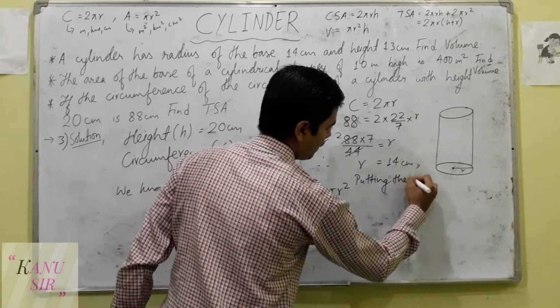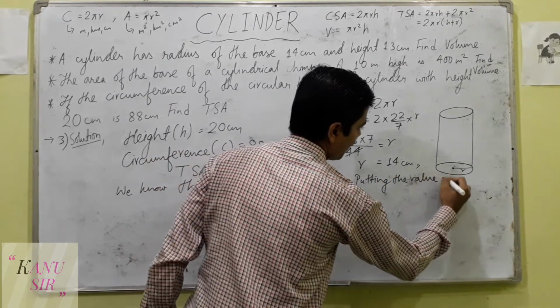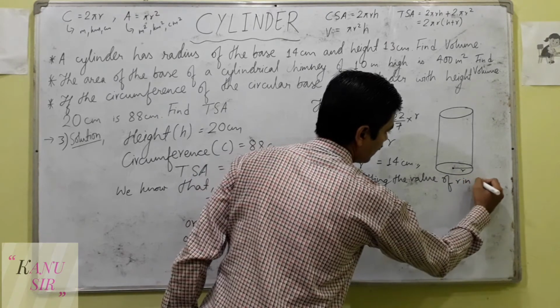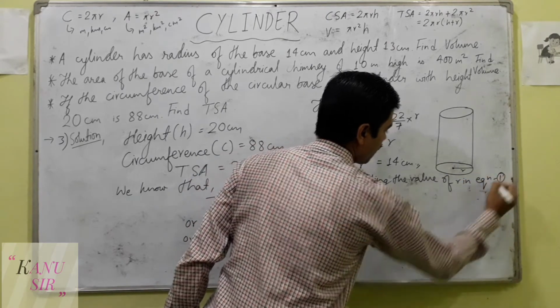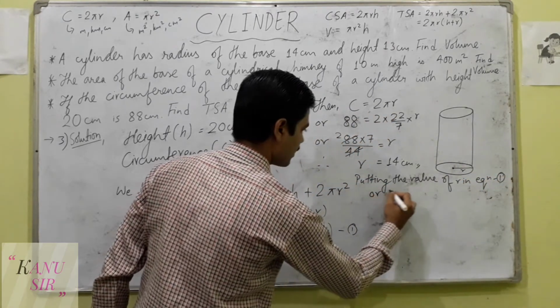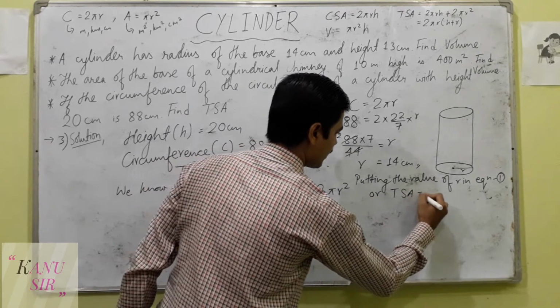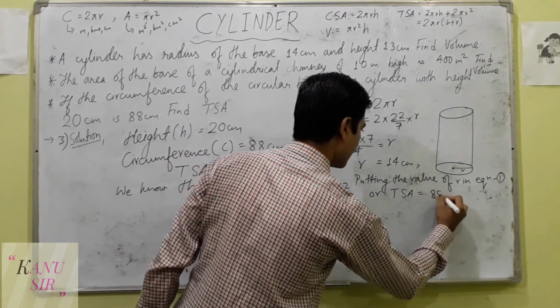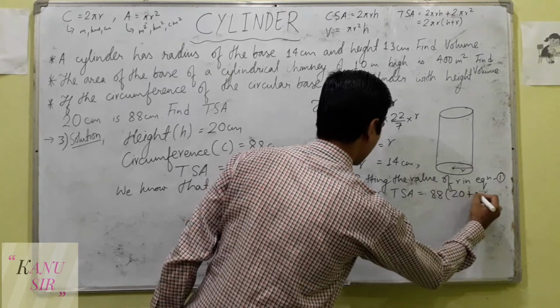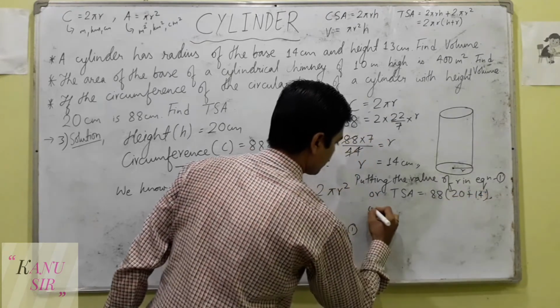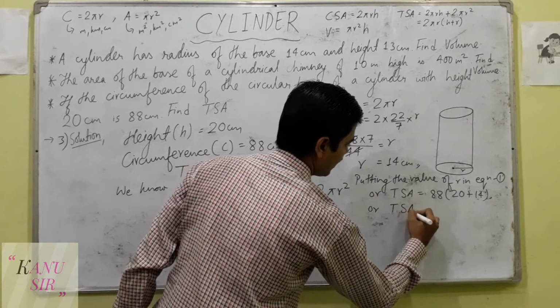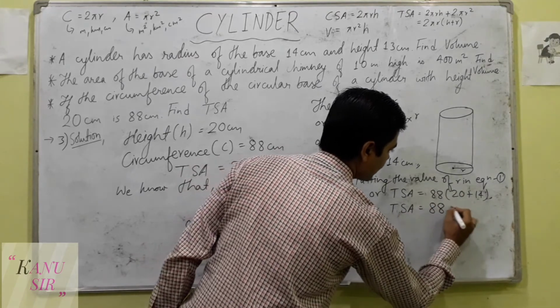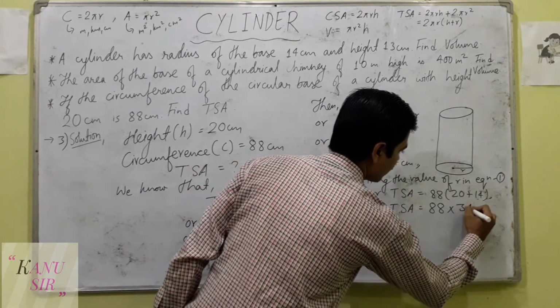So we can put the value of r in equation 1. Putting the value of r in equation 1, we will get TSA is equal to 88 into 20 plus 14, or TSA equals 88 into 34.